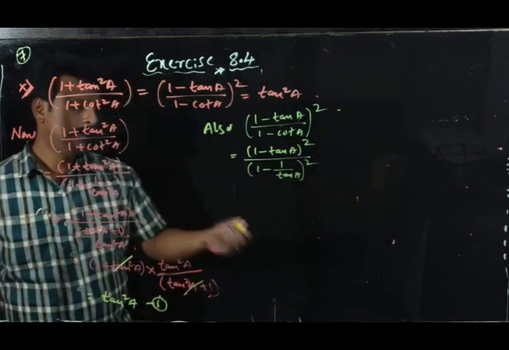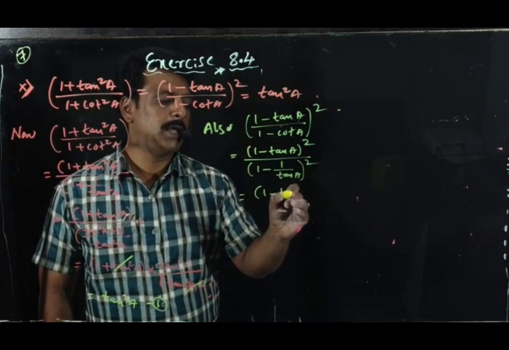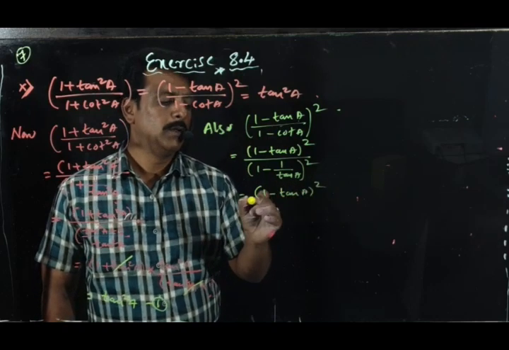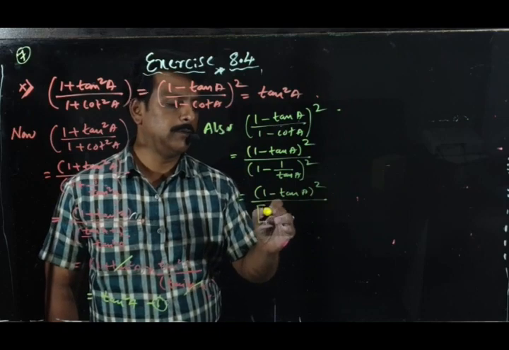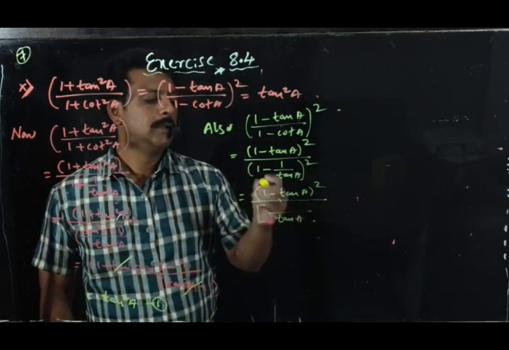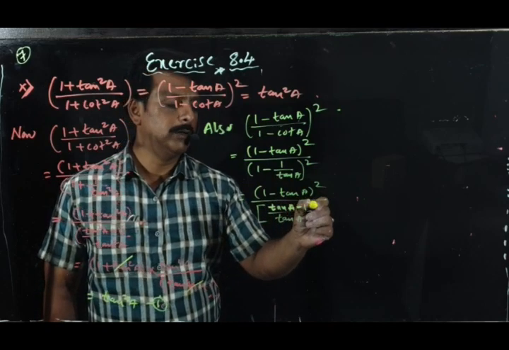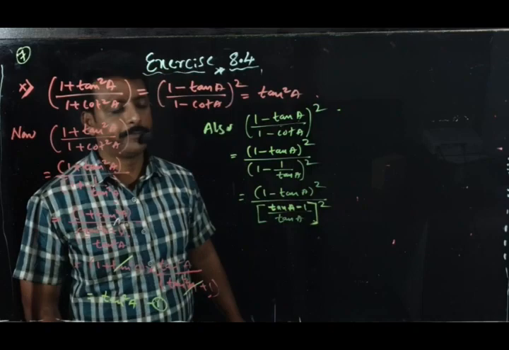Same, take the LCM of the denominator: (1 minus tan A) whole square divided by, LCM you get tan A, sir. Very good. Then this is (tan A minus 1) whole square.